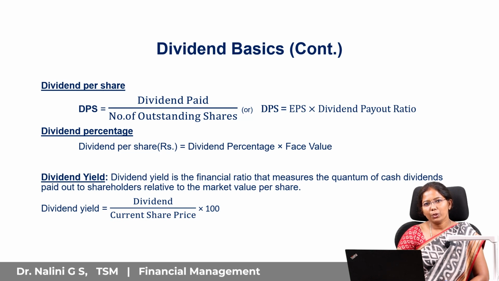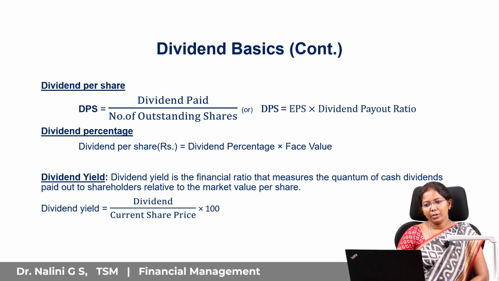So dividend also plays a role in enhancing the company's value. Dividend can be in different forms. It can be a cash dividend or a stock dividend. The company has to decide wisely about the dividend, because it will play a very vital role in company's value maximization. There are different theories, relevance theory and irrelevance theory.